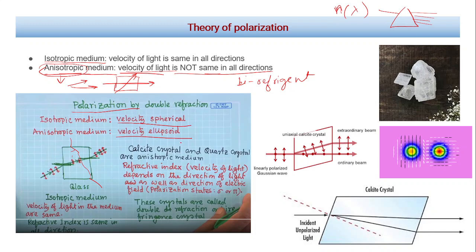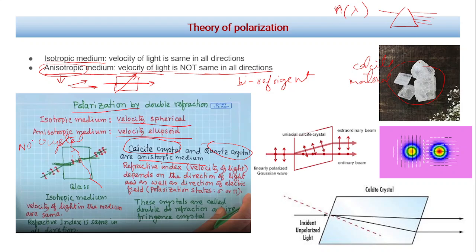But we have some materials like calcite and quartz which are anisotropic for the light. This is a photo of a calcite material, and when we make it clear and use it as a birefringent material, it also looks similar to glass to us, and for the light it's also transparent, but glass is not a crystal.